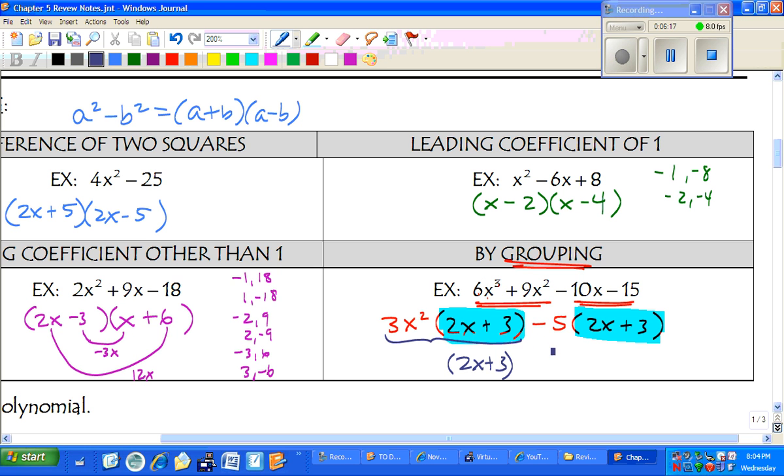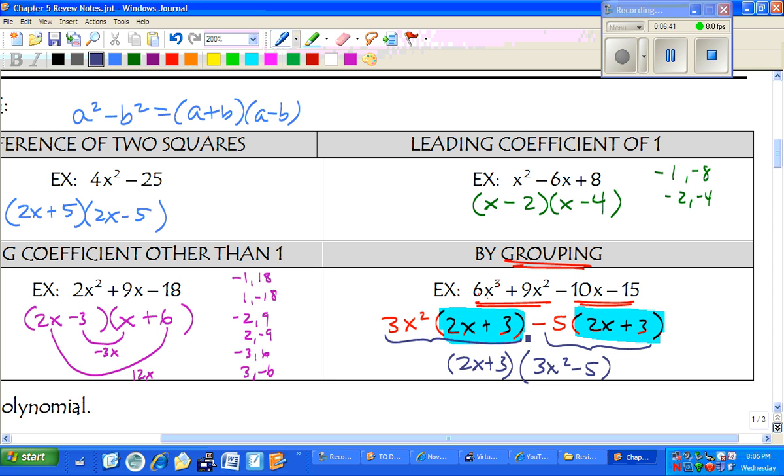We're thinking of this as one big term. So if we divide this first term by 2x plus 3, all we have left is what's out in front, 3x squared. If we take this whole big term divided by 2x plus 3, all we have left is minus 5.